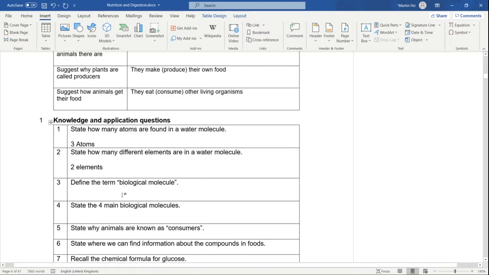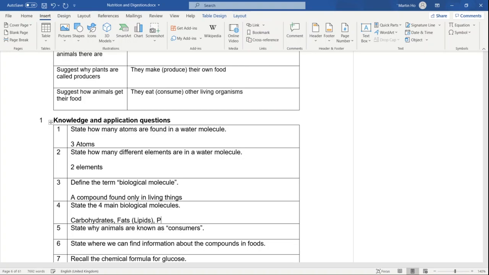A biological molecule is a compound found only in living things. The 4 main biological molecules are carbohydrates, fats and lipids, proteins, and DNA.